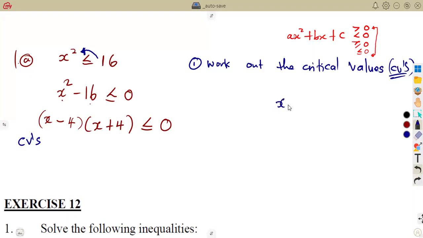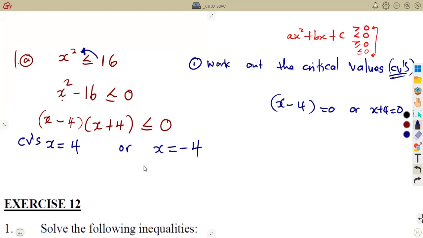Remember, when solving an equation, it will be x minus 4 is equal to 0, or x plus 4 is equal to 0 from these two brackets. So the minus 4 to the other side will give us a positive 4. So x is equal to positive 4, or x is equal to, the 4 to the other side is going to give us what? A negative 4. These are the critical values, not exactly what we need as part of the solutions.